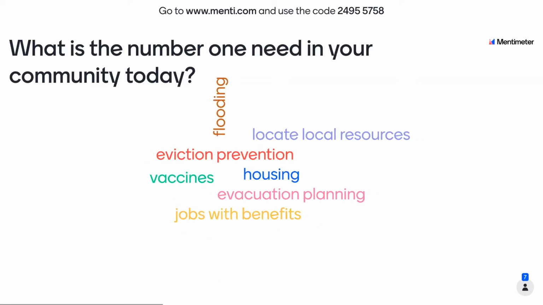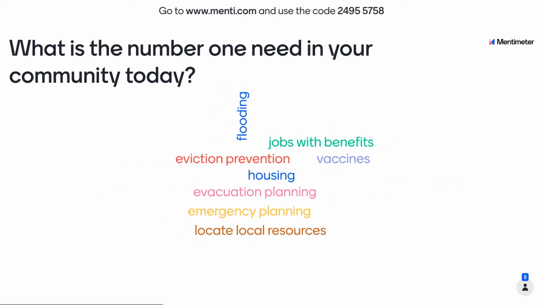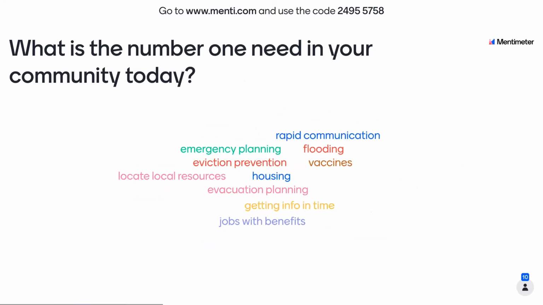Locating local resources. That's why we're here. We're going to begin the conversation about how you actually locate local resources, because that is really one of the keys for what we do in our community emergency networks. Housing, absolutely. So it looks like these are fairly equal, that there are different concerns, rapid communication, getting info in time.